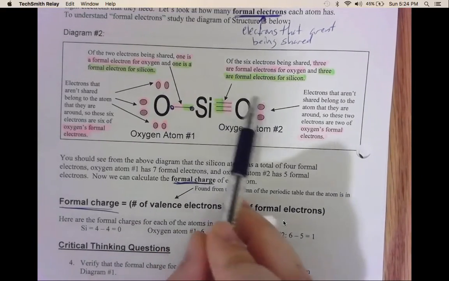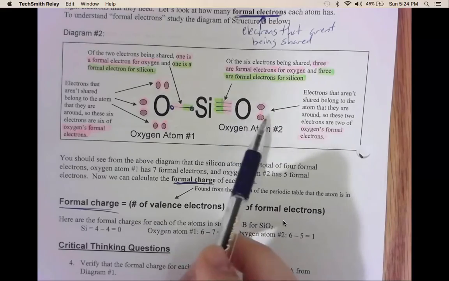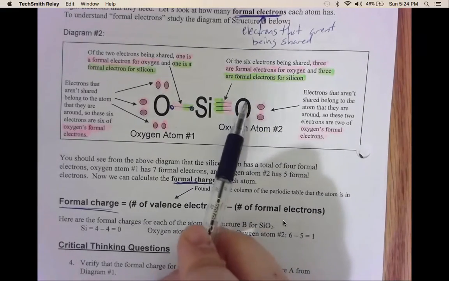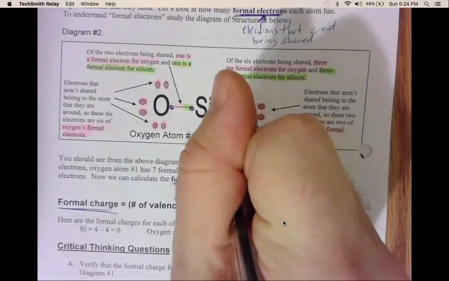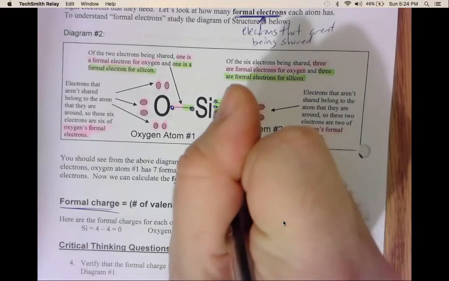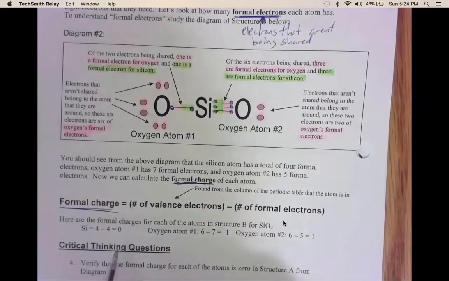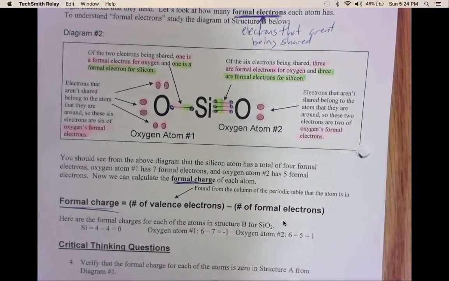Same thing when we look at this side. These pink electrons belong to oxygen atom number 2. They belong to them because they aren't paired. Unpaired electrons always belong to the atom that they're surrounded by. Next, we do the same thing with our bonds. Remember, you can think about it as one electron on each side of the line. The one side goes to silicon, the other side goes to oxygen.